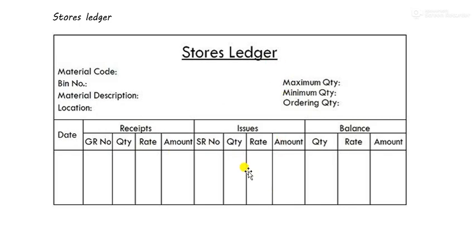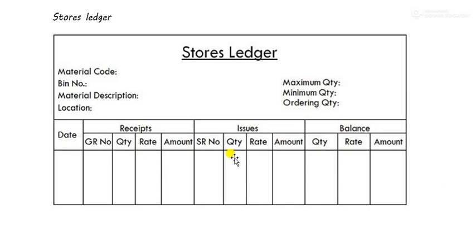Now the next thing, issues. Issues means whatever we are selling. So quantity, how many units we are selling, we record here. Then at what rate we are selling, we record here, and then multiply both, quantity into rate, amount. Next, the balance, how many goods I have left. Suppose I bought 100 units at 100 rupees, that is 10,000 rupees.